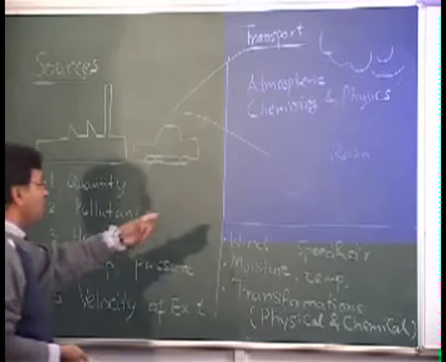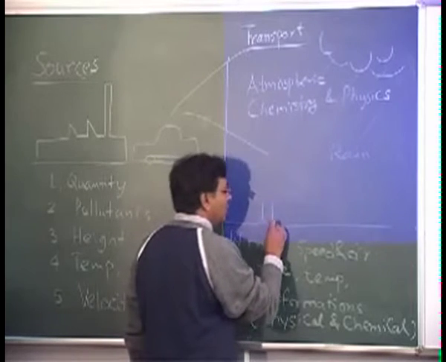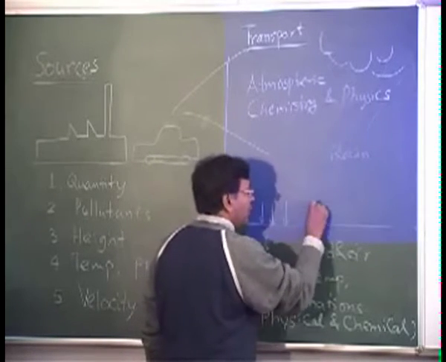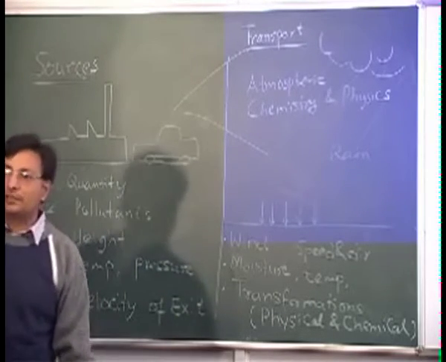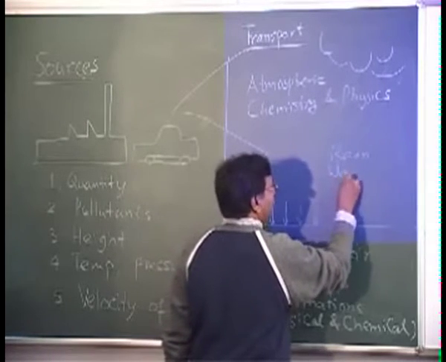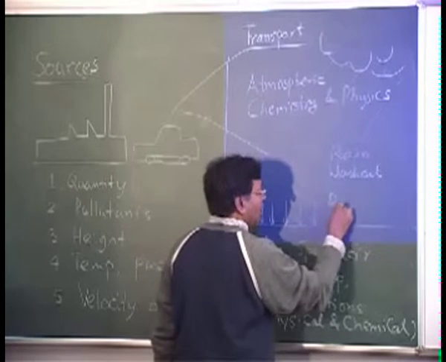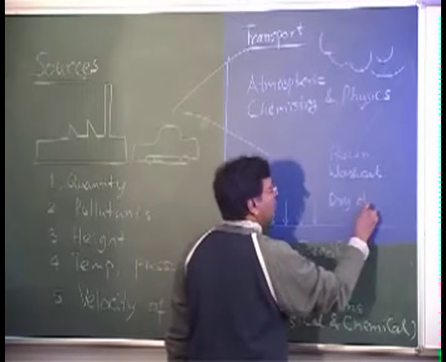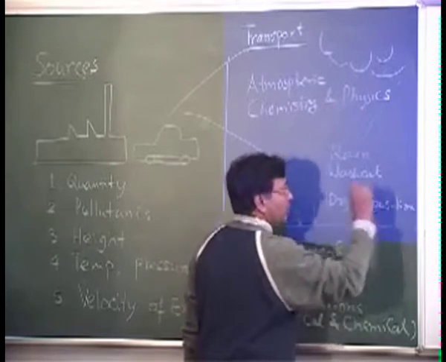Okay. So, that also we need to know, and there is something called a constant deposition of the gases and particles on the surface. So, this is the rain, if I can say this rain washout, and this is like, so you can say dry deposition. Correct?